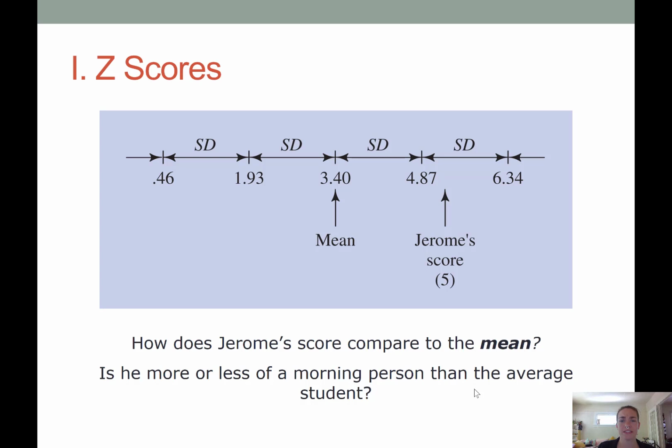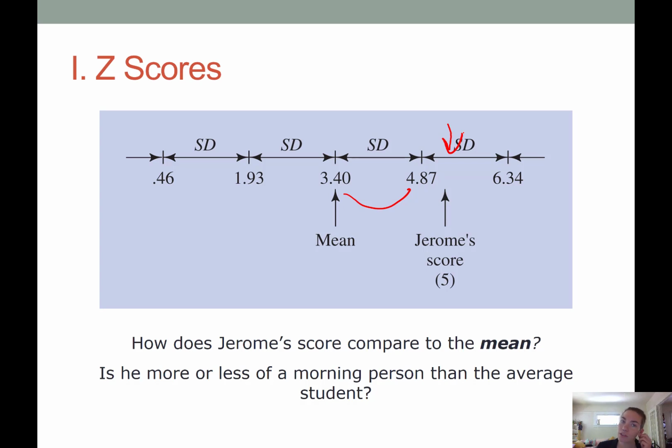Also, if we know that the standard deviation is 1.47, then we know that people who are one standard deviation above the mean would have a morning personness score of 4.87, and Jerome's score is 5, so it's just a little bit above 4.87.